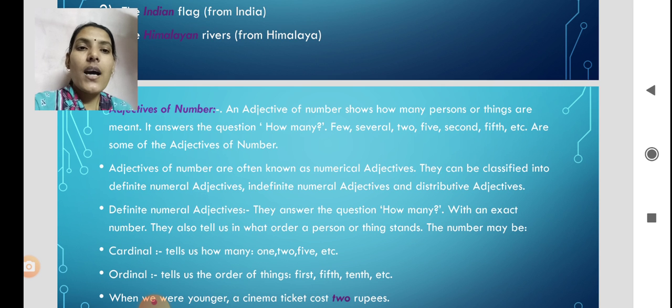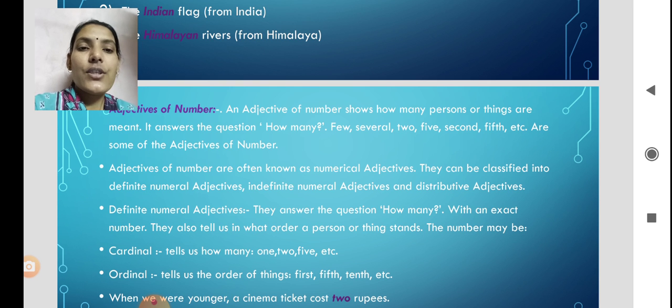Adjectives of numbers are often known as numerical adjectives. They can be classified into definite numeral adjectives, indefinite numeral adjectives and distributive adjectives.